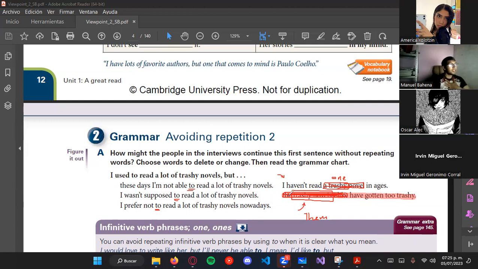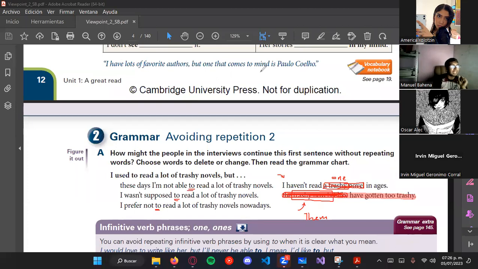For example, I used to read a lot of trashy novels, but them have gotten too trashy. Yo solía leer muchas novelas basura, pero ellas se han hecho muy basura, too trashy.